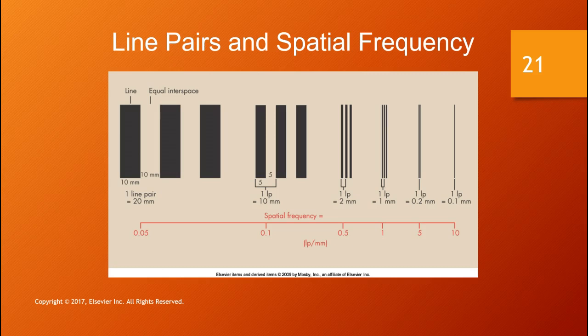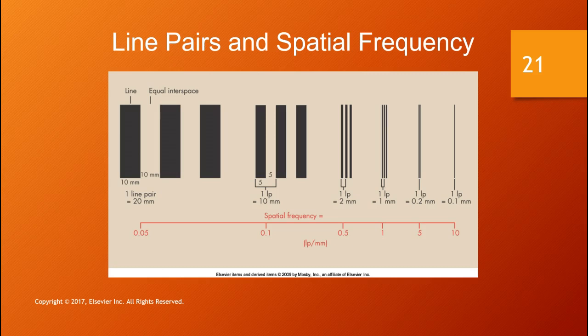Digital imaging recorded detail is most frequently described as spatial frequency, and it can be a high or low frequency. Shorter wavelength signals, which are higher frequency, represent pairs of lines that can be visualized very close together.